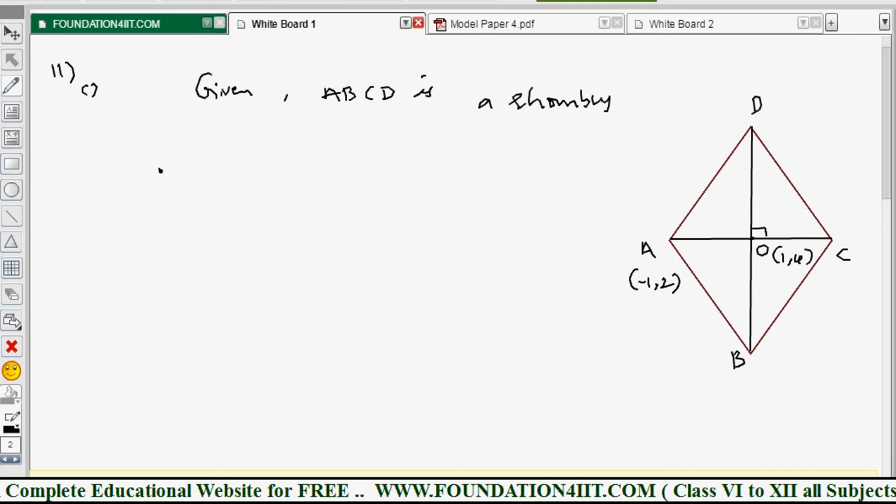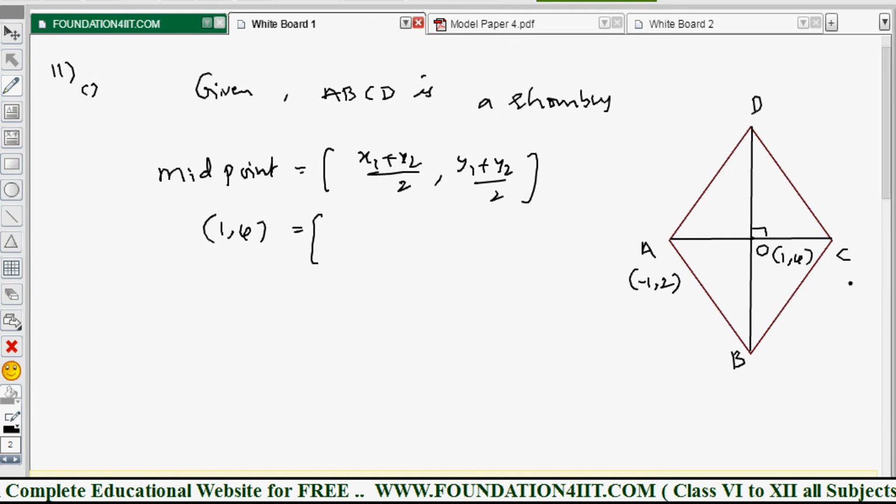The midpoint formula is (x1 plus x2) by 2 comma (y1 plus y2) by 2. So the midpoint of AC is O. That means (1, 4) is equal to, let us take C as (x, y), then (minus 1 plus x) by 2 and (2 plus y) by 2.